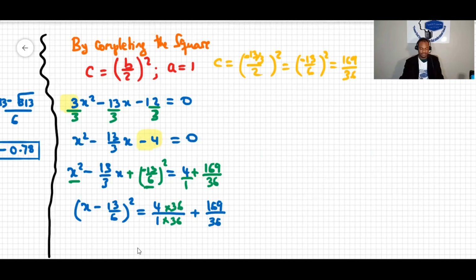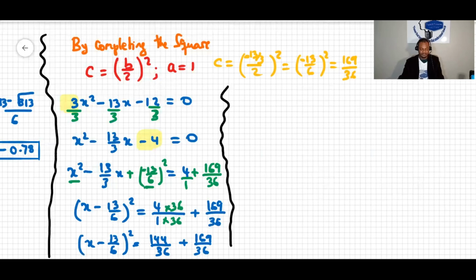And then the equation will be x minus 13 over 6 to the power of 2 equal to 4 times 36, which is 144 over 36, plus 169 over 36. We can split it down like that.